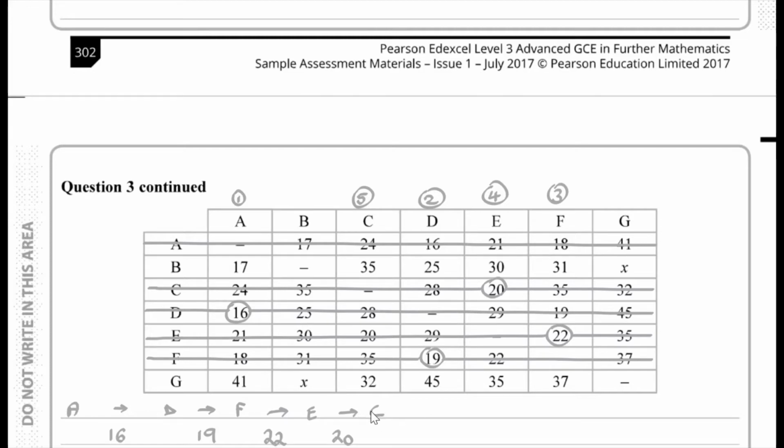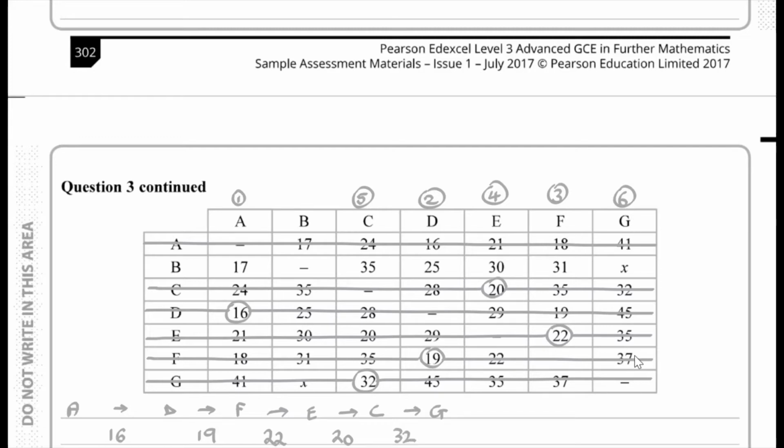So we look down C. The smallest one is this 32. That corresponds to G. So we delete all of this row, and then we label this G with the number 6. So we go from C to G, that's got length 32.